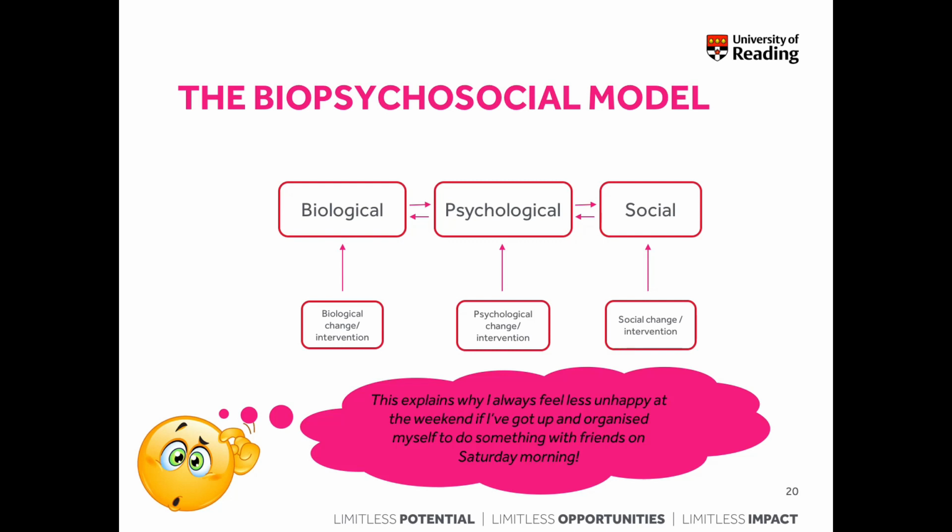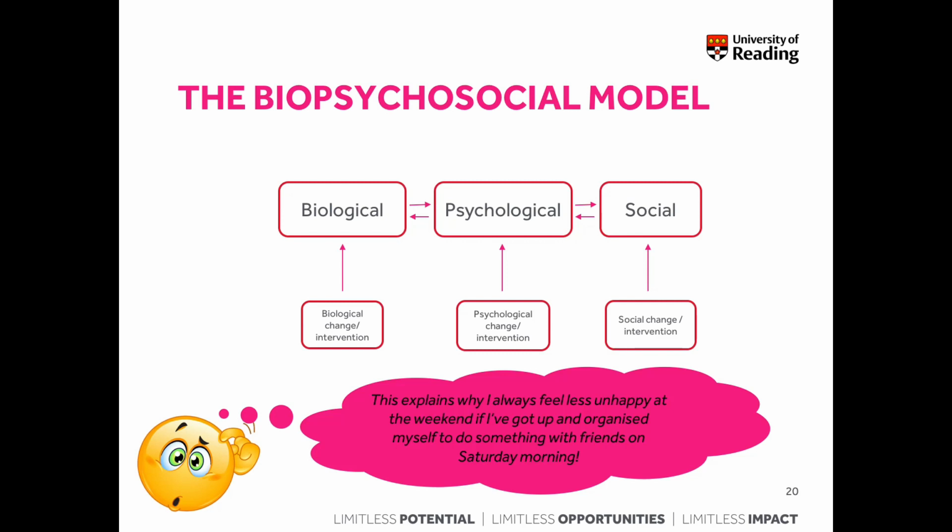For example, changing someone's social circumstances can change his or her psychology, how they think and interpret things. And changing someone's psychology can maybe change their social interactions. Changing someone's psychological state can also change the way their brain works.